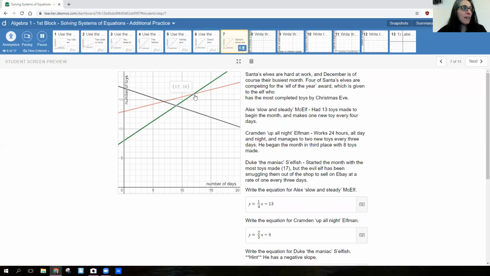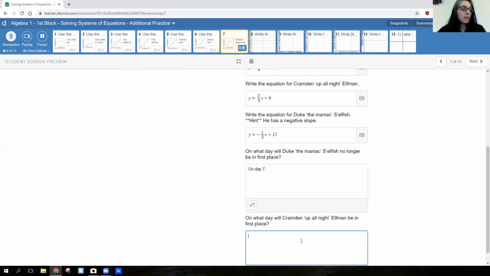So when will he have more toys? It would be after that point. And that would be after day 12. If you said day 12, you would be fine because, technically, they're tied at that point. Good. All right, we got a few left. Let's move to slide 8.